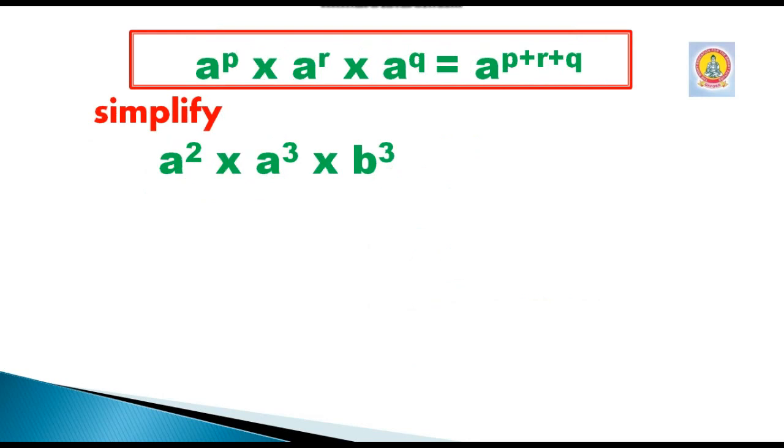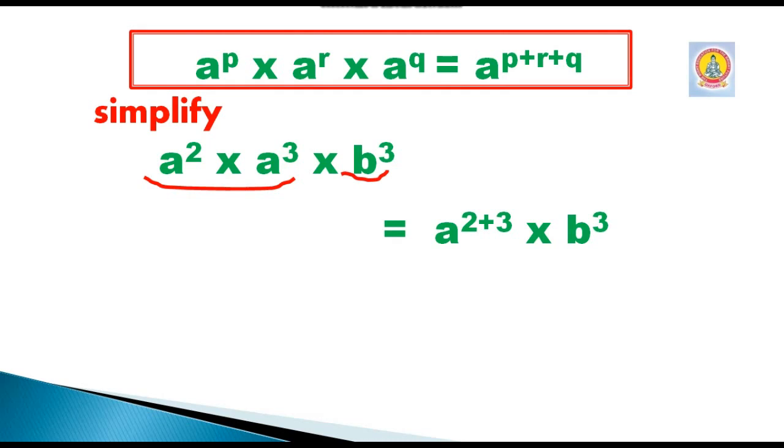Second sum, a square into a cube into b cube. Here first two exponents have same base, third one has different base. Here we can apply a law, a power p into a power r into a power q is equal to a power p plus r plus q.